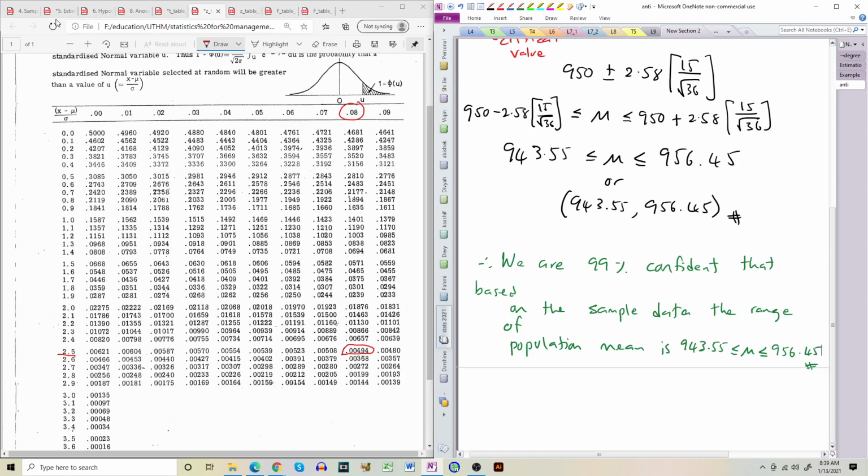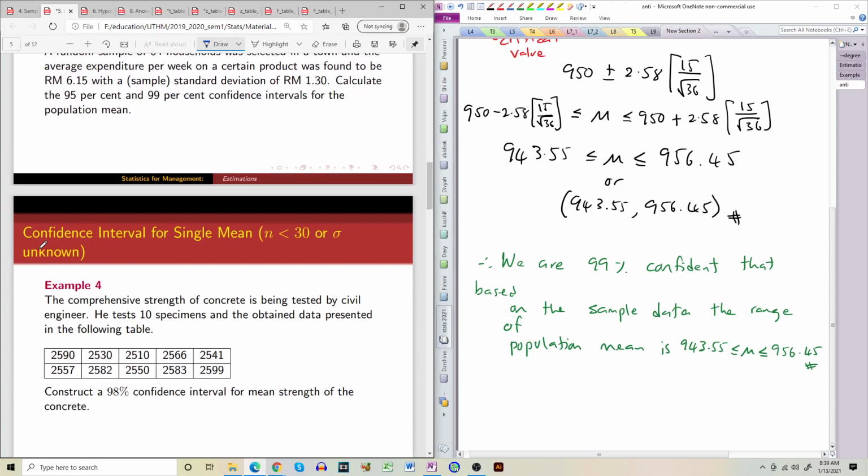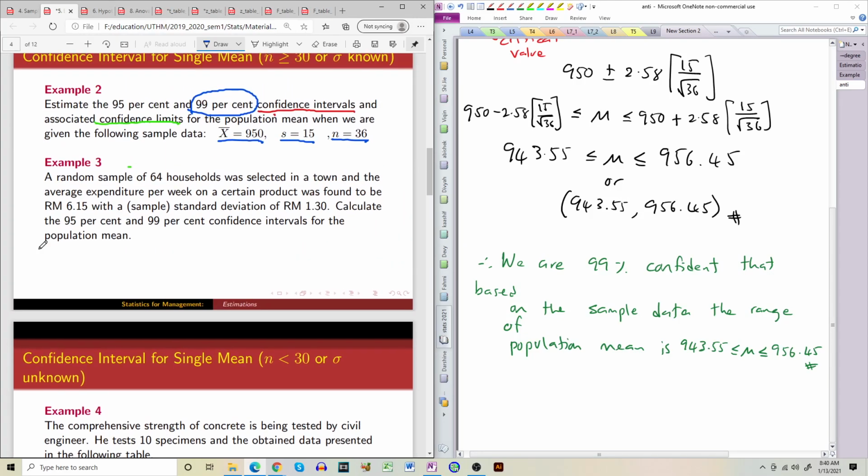Now can you try example 3 for 95 and 99% before I give you the answer? Same method.